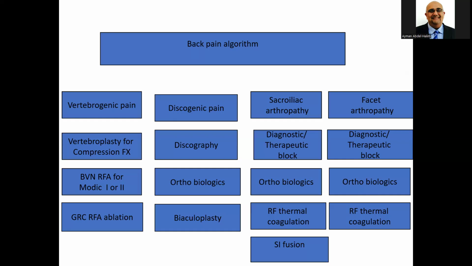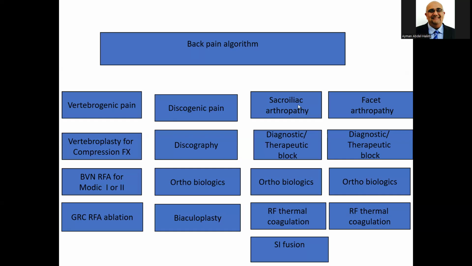Now, there are other procedures available, but we don't have much evidence about these procedures. So for the time being, things might change, of course, down the road. But for the time being, these are the procedures you need to know about.